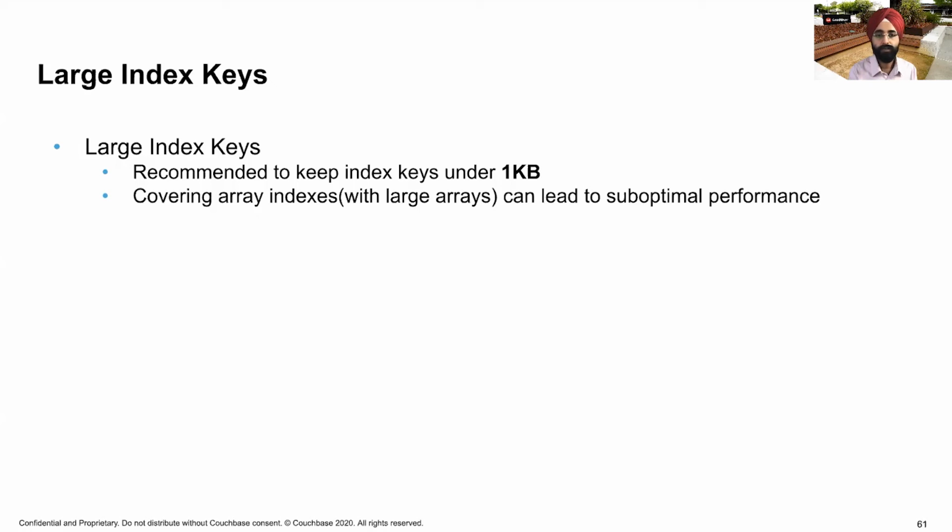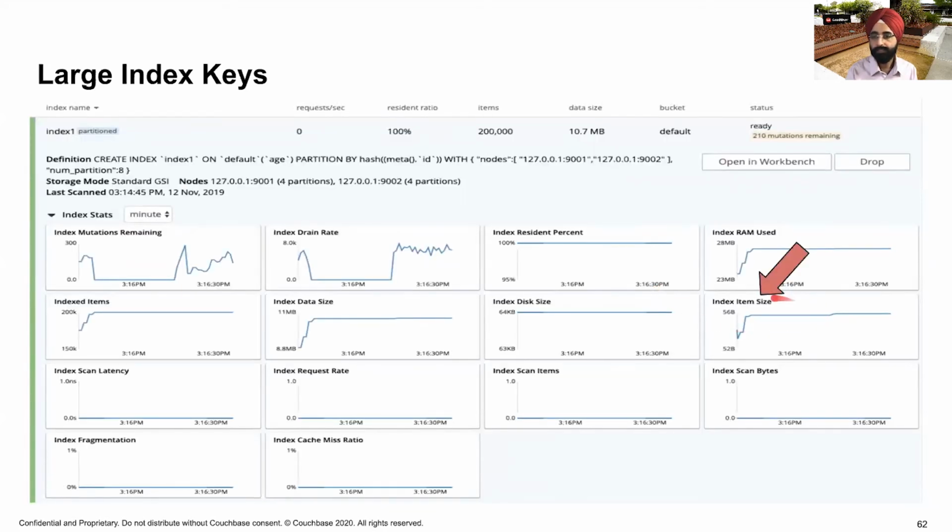Especially we have seen that covering indexes with large arrays can lead to suboptimal performance. So that's another area to look at when doing a health check for the index service. This metric is again available on the admin console as a mini graph per index.